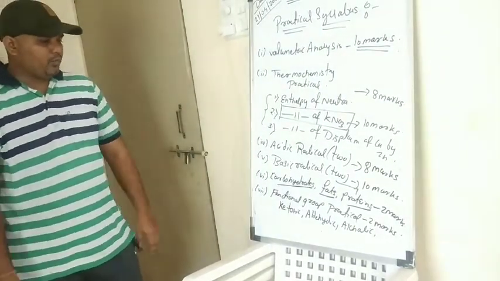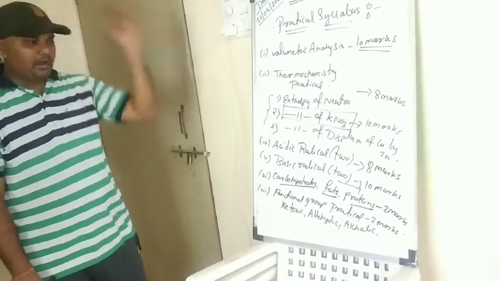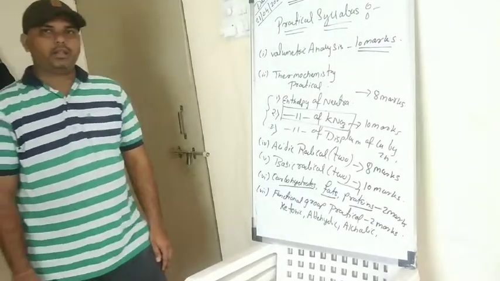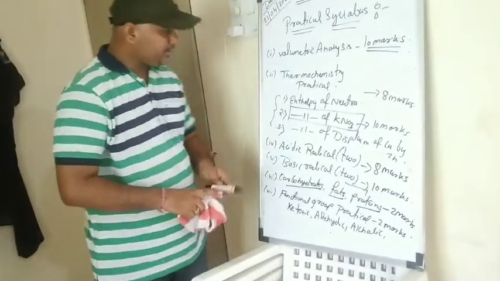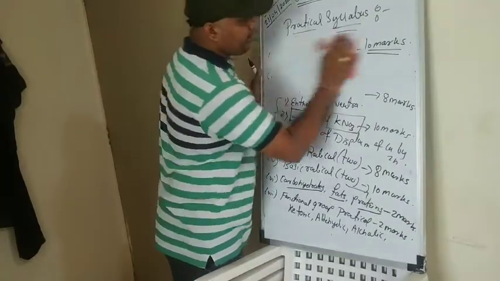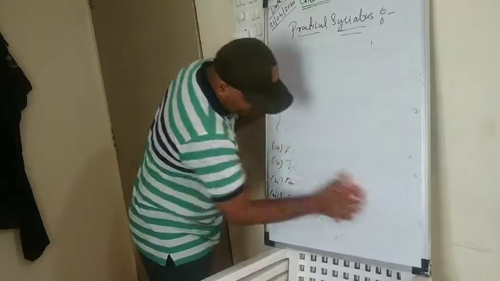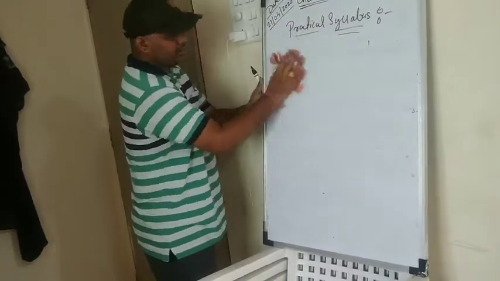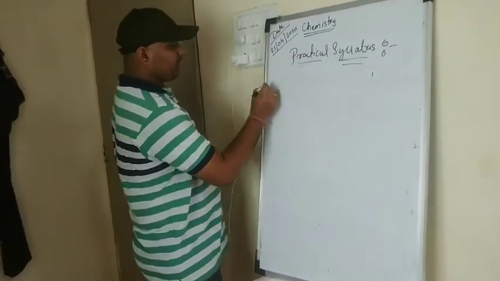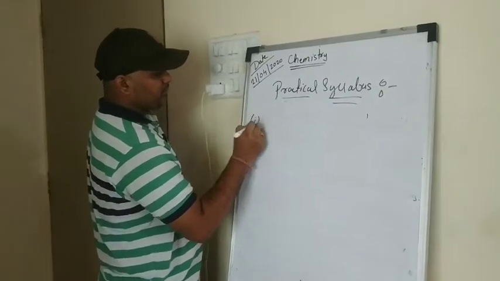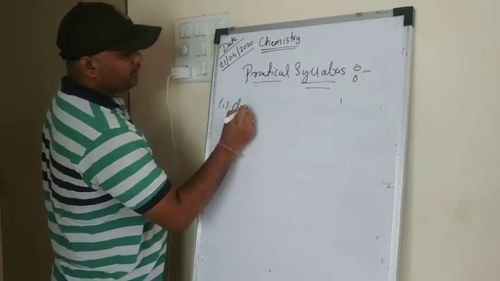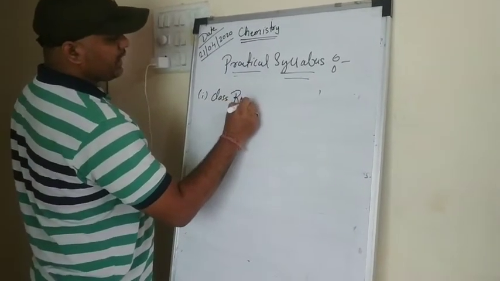Okay, now let me tell you one more important thing which is missing out. Actually I forgot to tell you at the beginning. That is a compulsory one, so let me first discuss that: the class record.